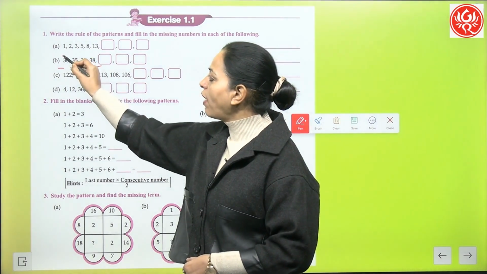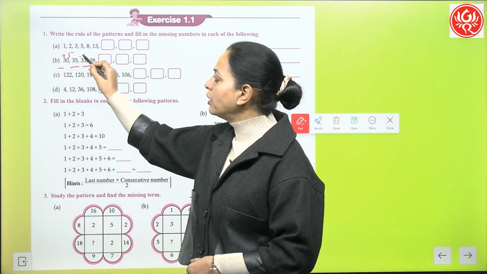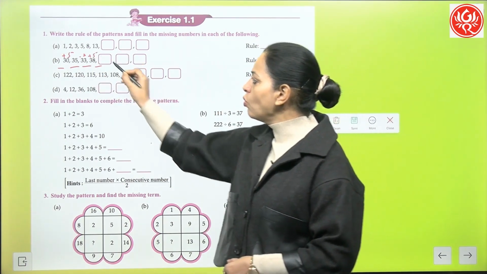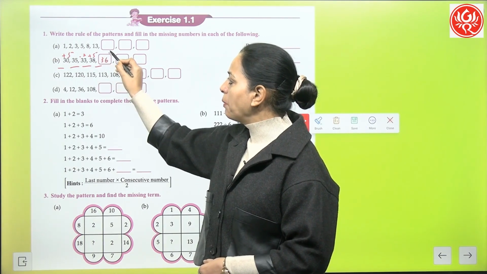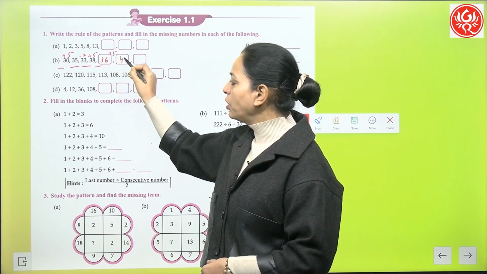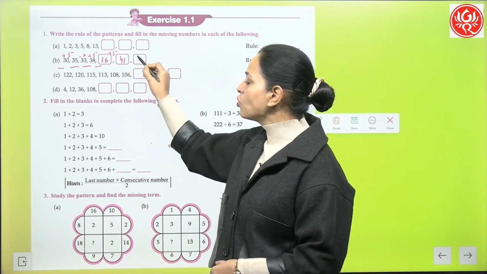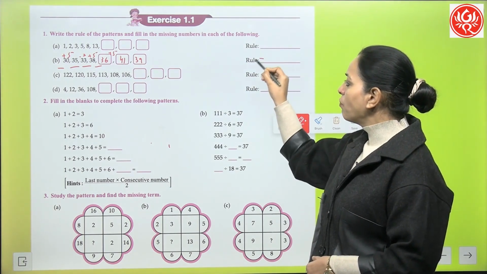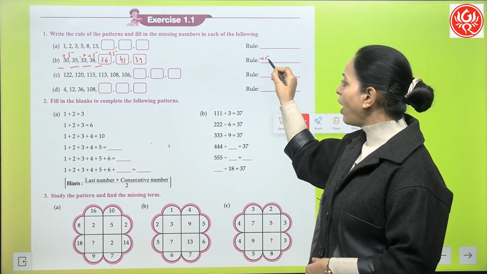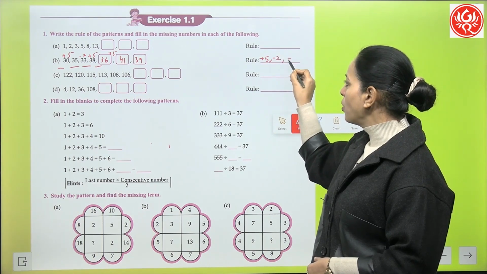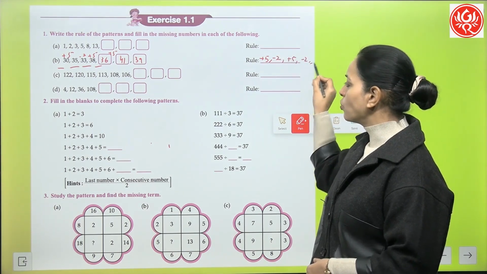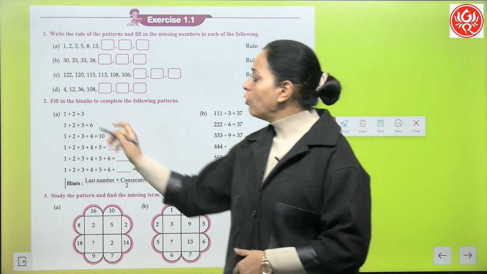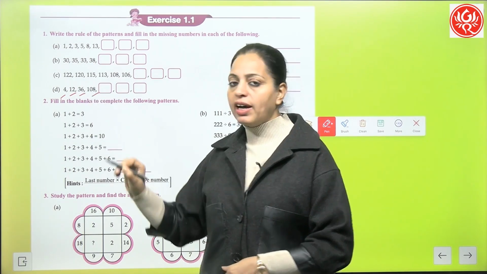We are doing plus 5, then minus 2, then plus 5, then minus 2, meaning 36, then plus 5, 41, then minus 2, 39. So what is the rule? The rule is first we are doing plus 5 and then minus 2. Plus 5, then minus 2. Right?